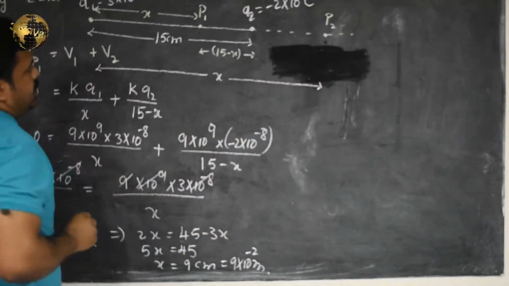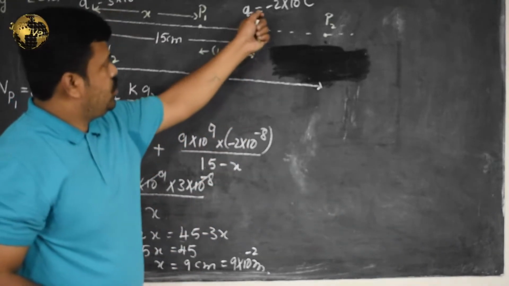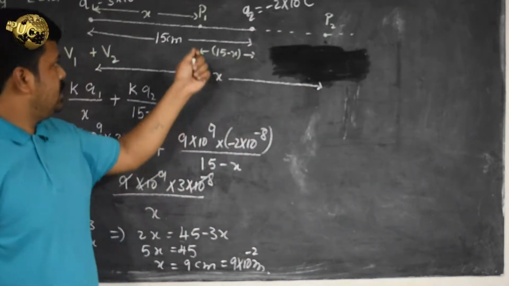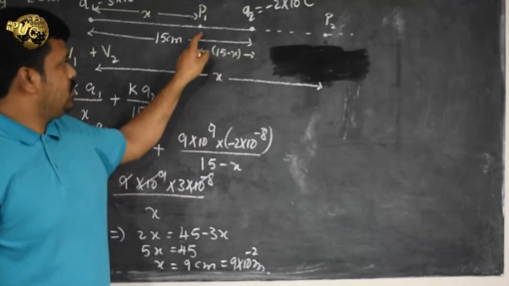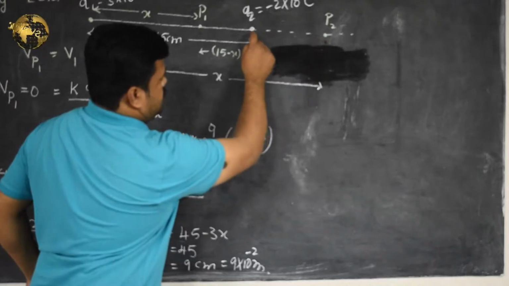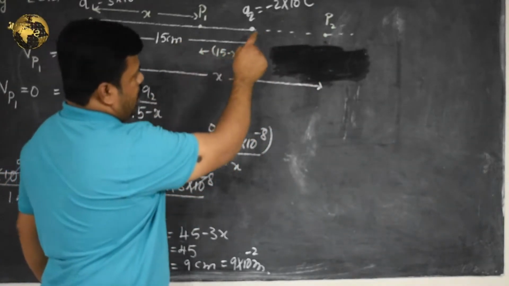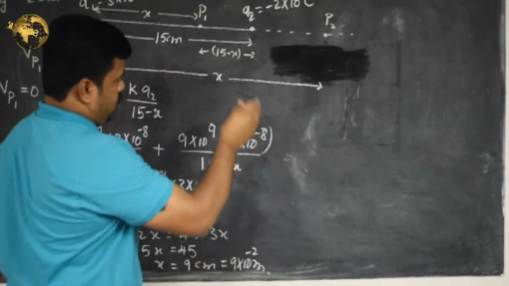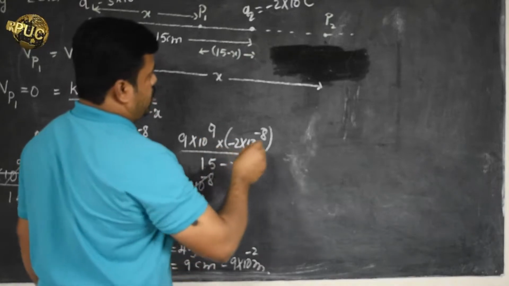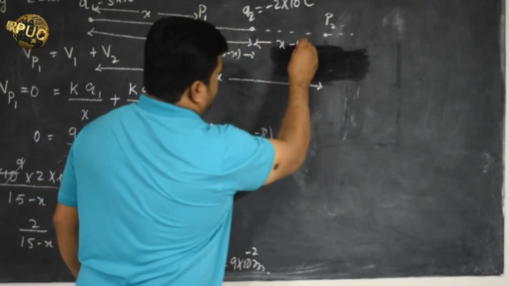P2 is at a distance of x from Q1. Since Q2 is at 15, the distance from Q2 to P2 is x minus 15. If I subtract 15 from x, I get the distance between charge Q2 and point P2. So this distance is x minus 15.